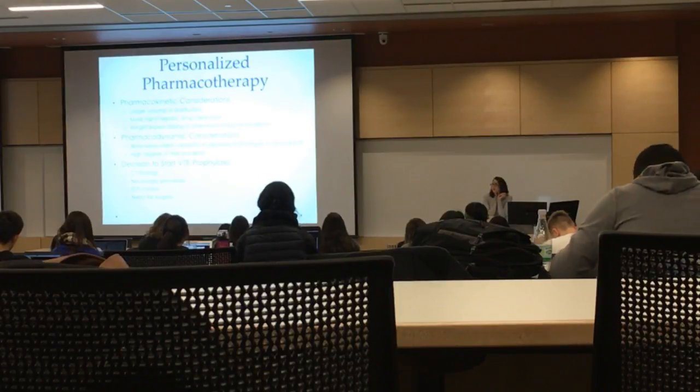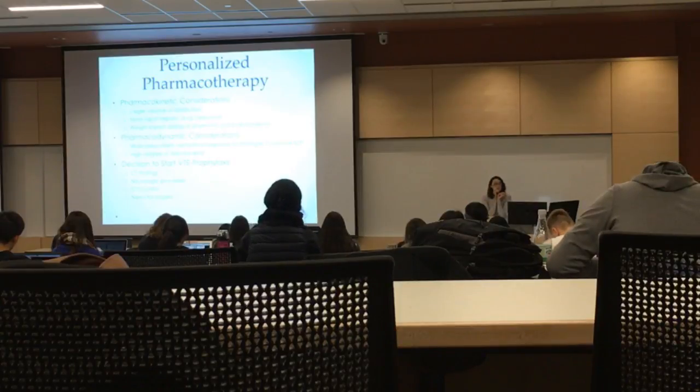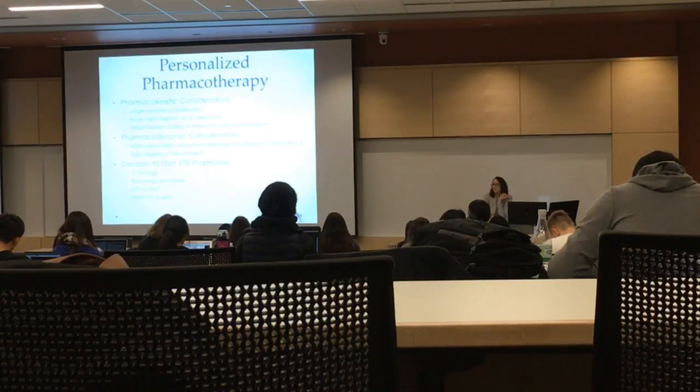If we do use phenobarbital as an alternative, some institutions do that, even though the guidelines do not recommend it. In terms of pharmacodynamic considerations, there's really a wide interpatient variability when it comes to treating ICP. So we know that a lot of times it ends up being a trial and error. So we might not come up with that magic combination first off, so we need to be changing things up rapidly. And in terms of decision to start VTE prophylaxis, we really have to consider the entire patient picture.